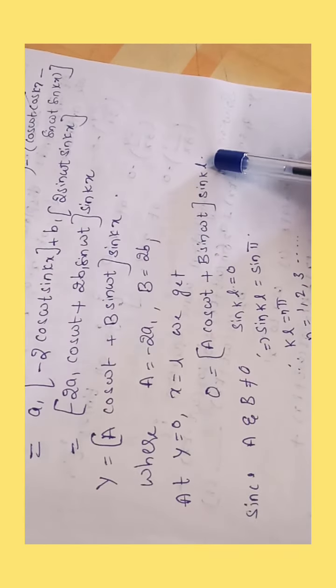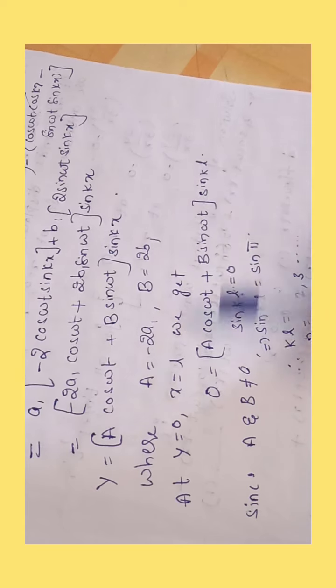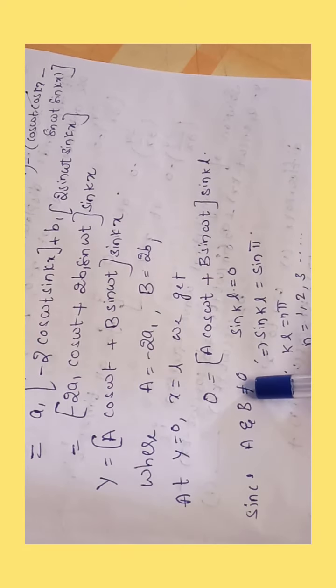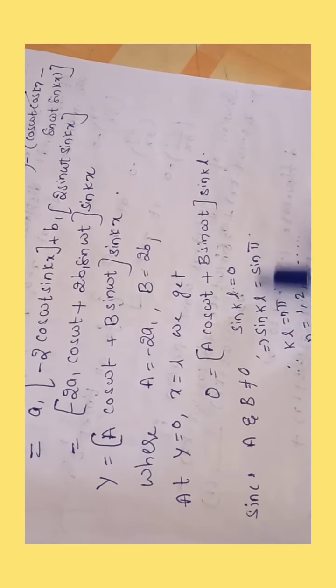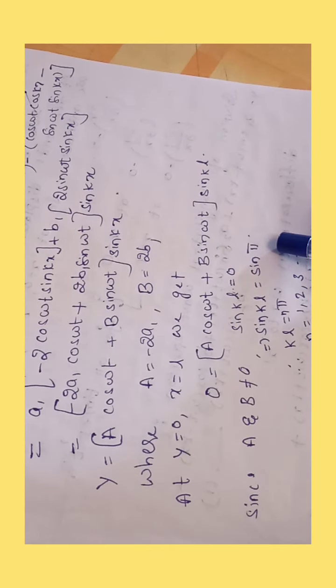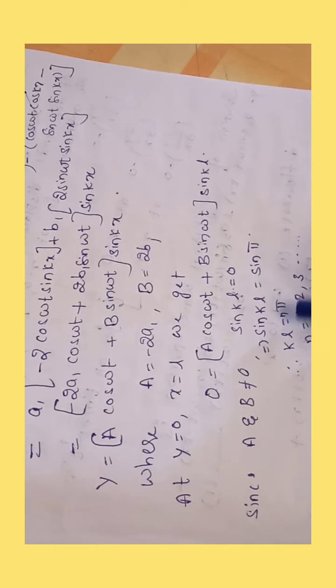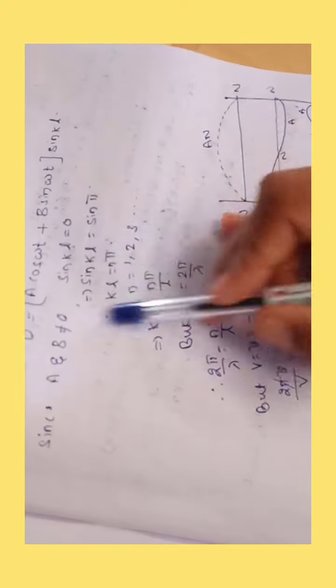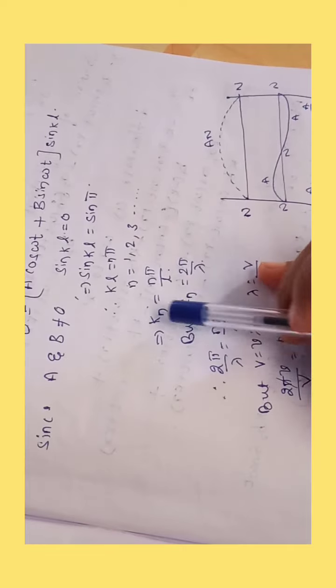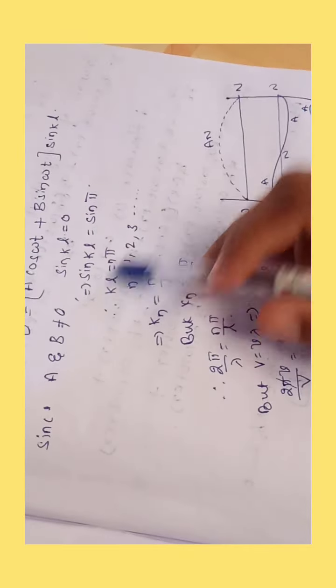In place of x I am substituting L. So here a and b cannot be equal to 0, so sin kL must be equal to 0. Now sin kL can be written as sin n pi, that is kL equal to n pi, where n is the integer 1, 2, 3 and so on. And from this equation for n modes we can write kn equal to n pi by L.